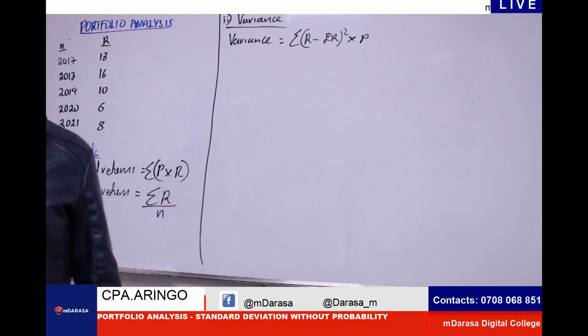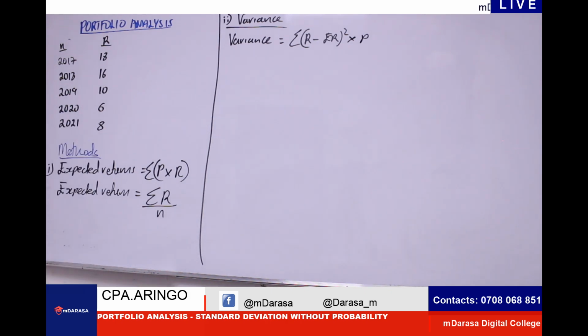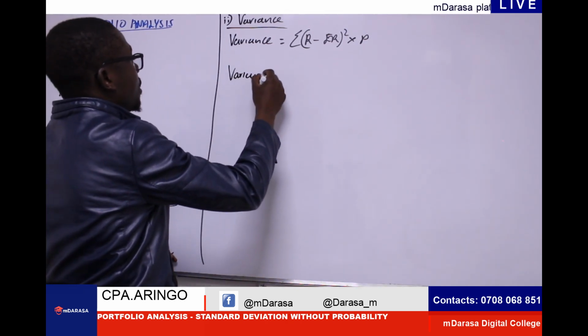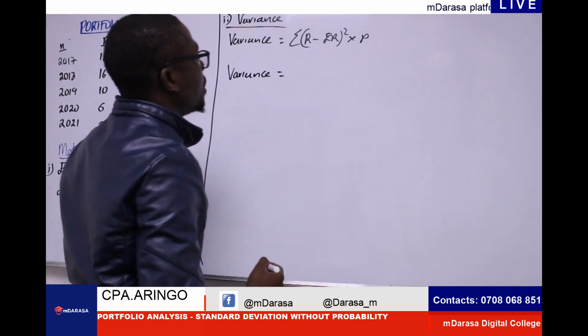If you are not given probability, we also agreed that you can still determine your variance. How will you determine your variance in the absence of probability?